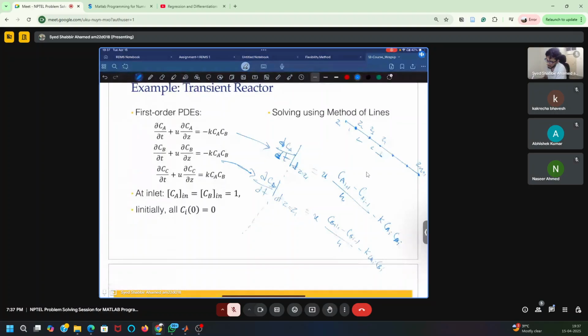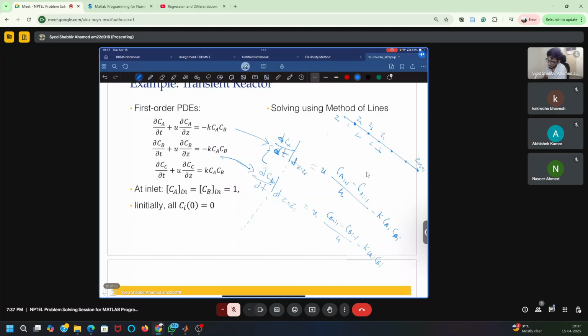So you will get here, for CA, n plus 1 values. For CB, you will get another n plus 1 values. And for CC, you will get another n plus 1 values.